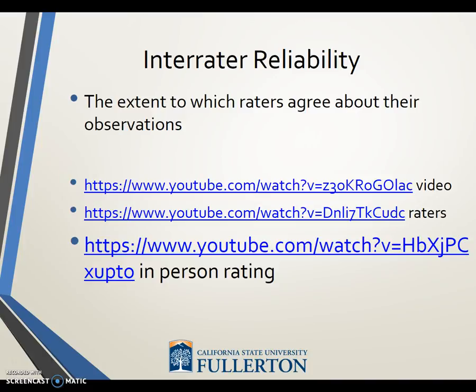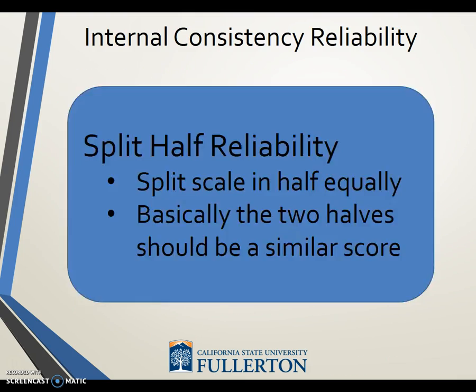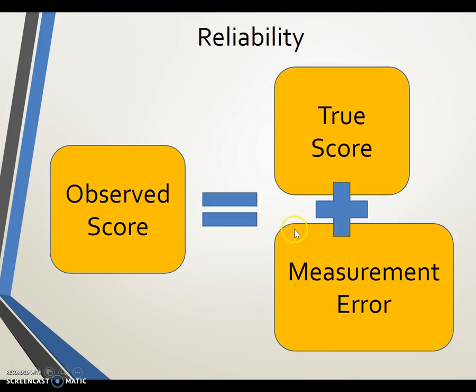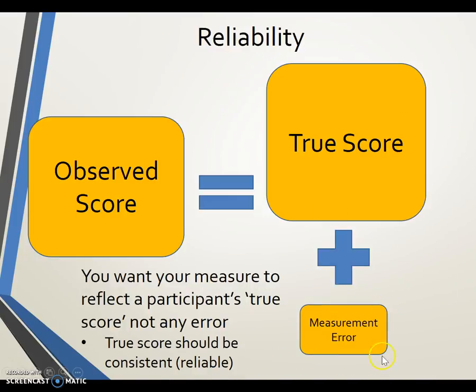reliable, a better measurement of, going back to this, your observed score from 3 raters is more representative of that child's true score, and they've shrunken that measurement error because they're getting at the true score of how well that child did on that test or on that reading paragraph, and they have deleted some of the measurement error because they, as humans, are making errors in their measurement, in their judgment.